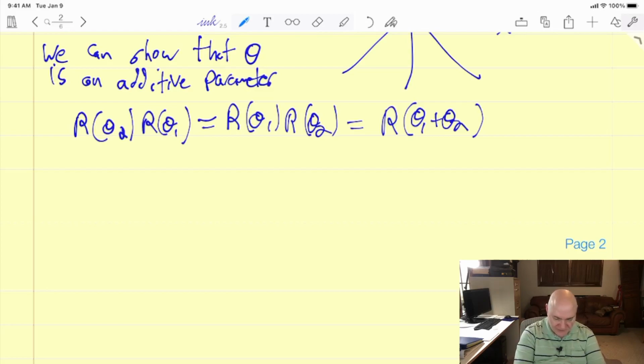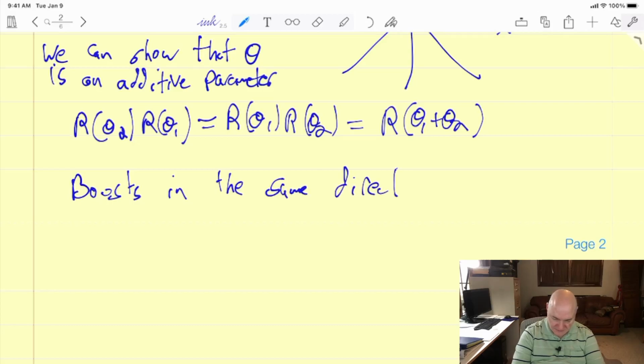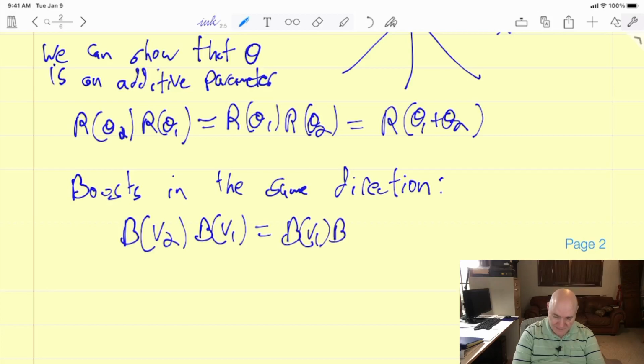Now, when we have a boost in the same direction, we have that B of V2, B of V1 equals B of V1, B of V2, but it's not equal to B of V1 plus V2.